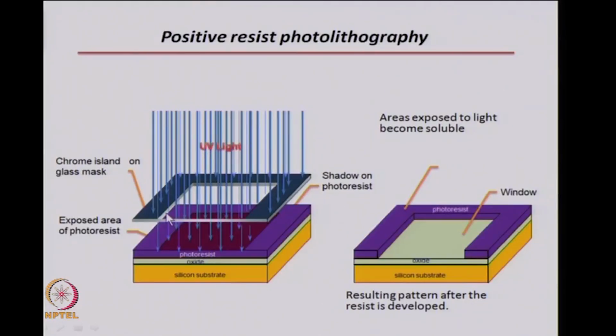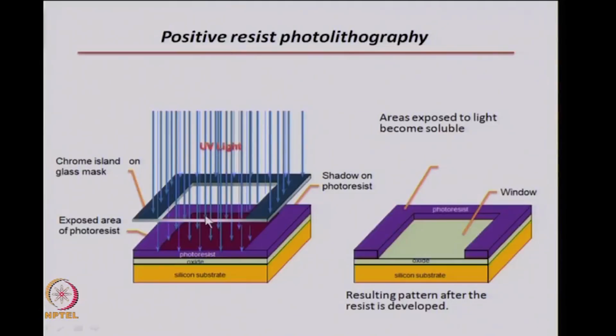Now, if the mask is designed in such a way that it allows UV radiation to go through in certain regions, this rectangular or square region, and radiation falling on the photoresist in this region will get dissolved, that is called a positive resist.